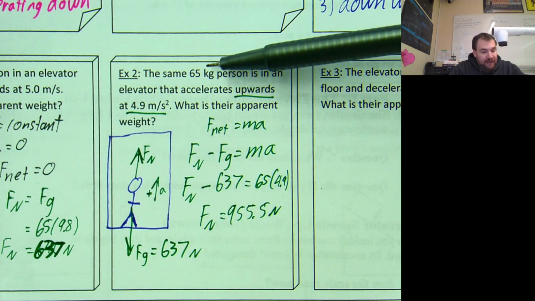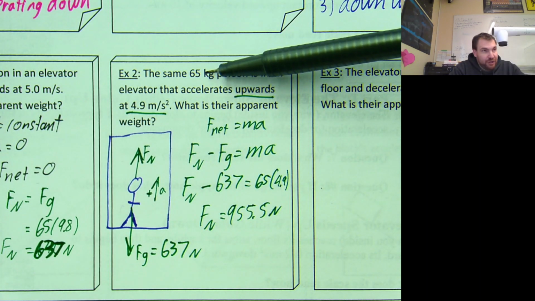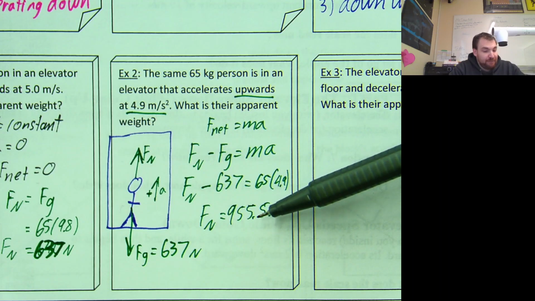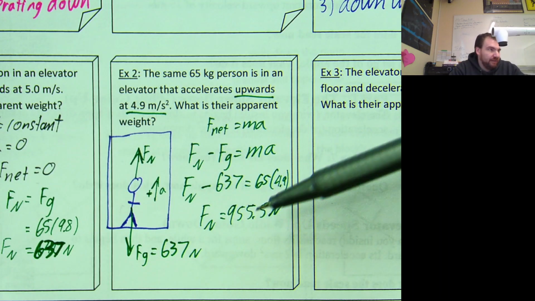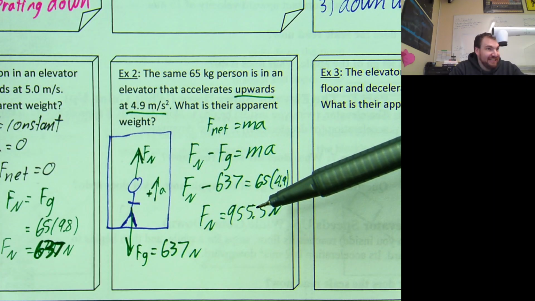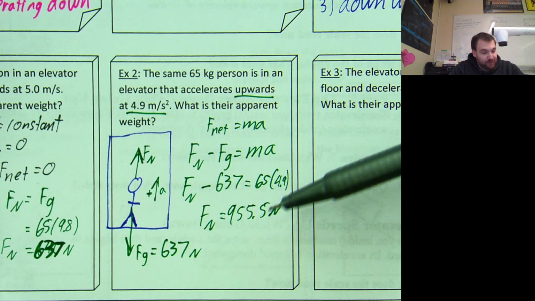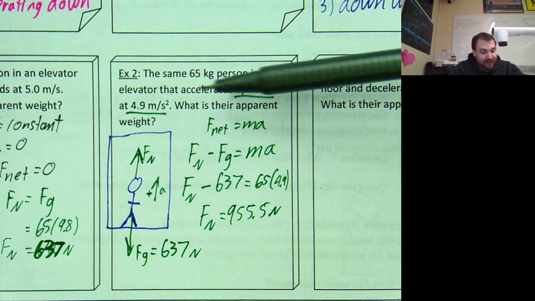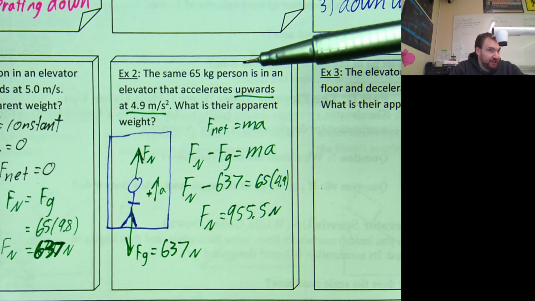So what this feels like is if the person had gained 20 kilos, give or take, which is 44 pounds. If the person suddenly gained 44 pounds, this is what it would feel like. Accelerating upwards in an elevator at 4.9 meters per second squared.